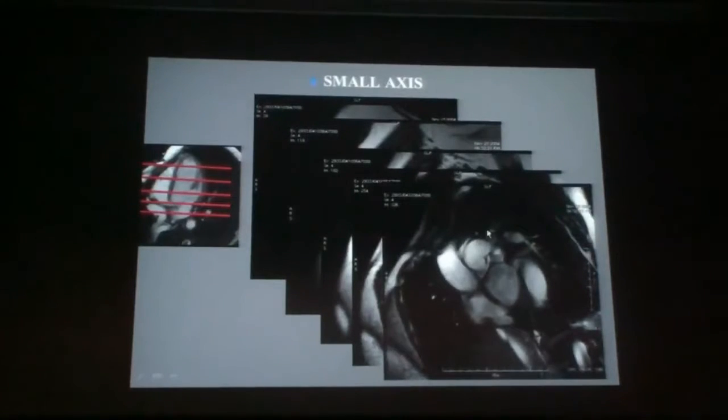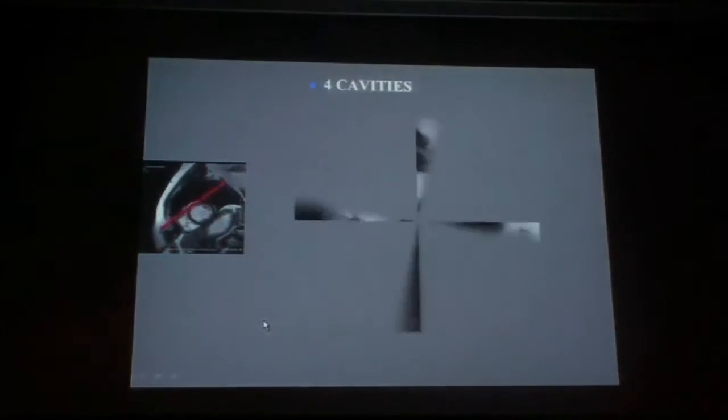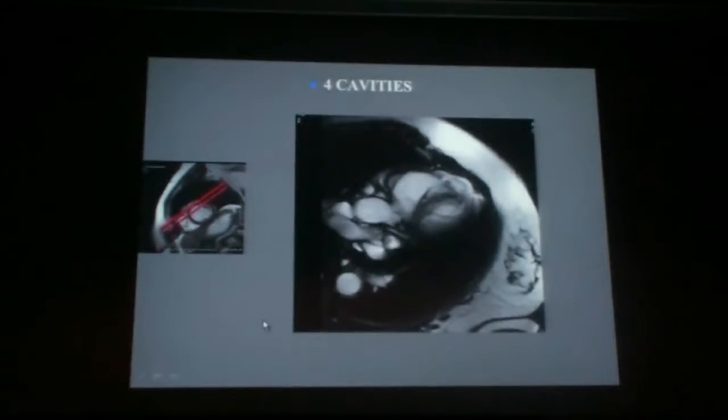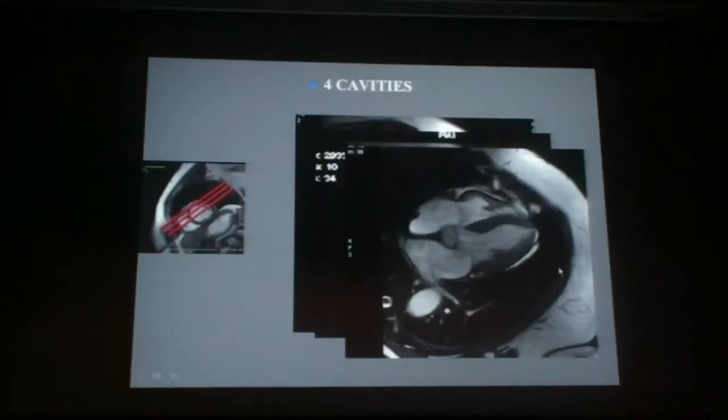Okay, here we are in the left atrium, and we don't recognize any thickened wall, which means you are in the left atrium.